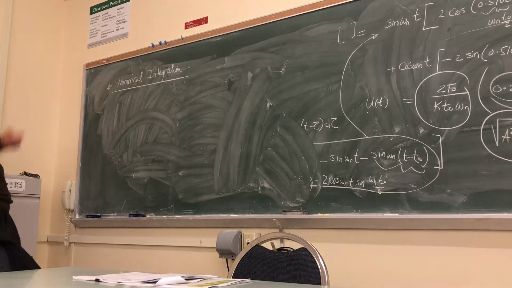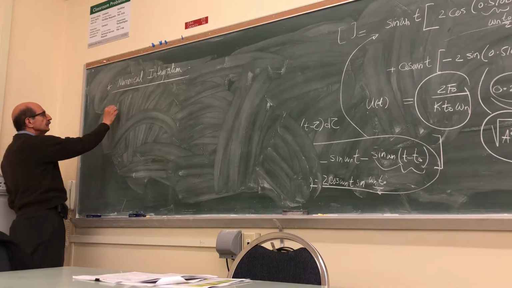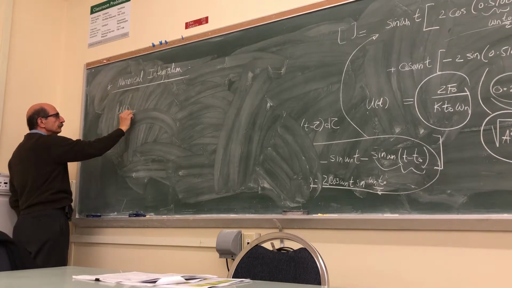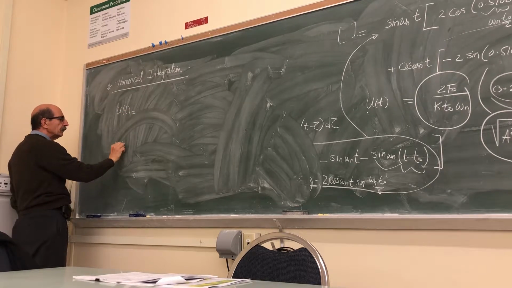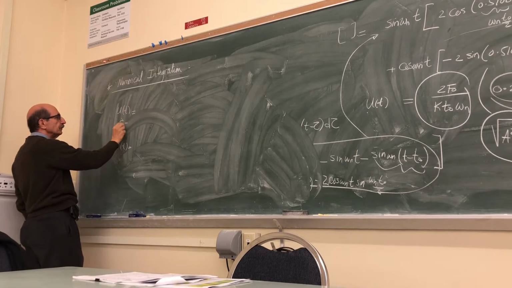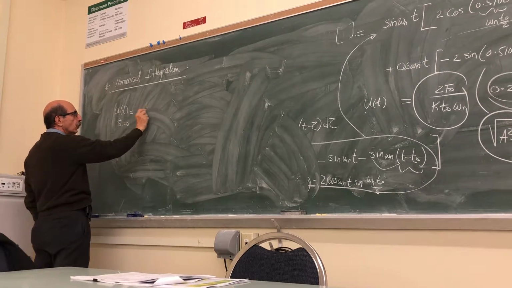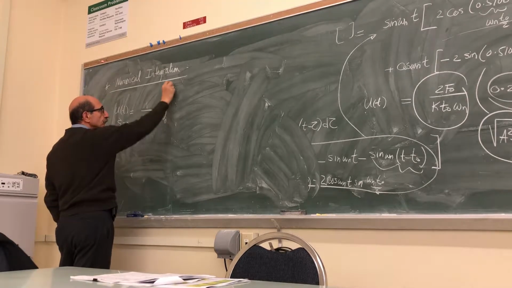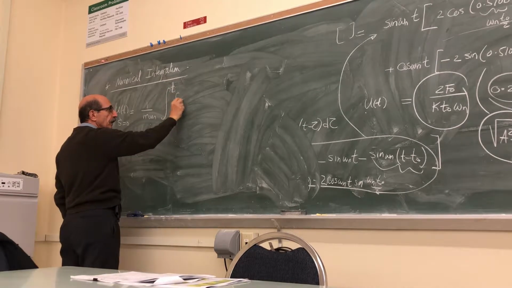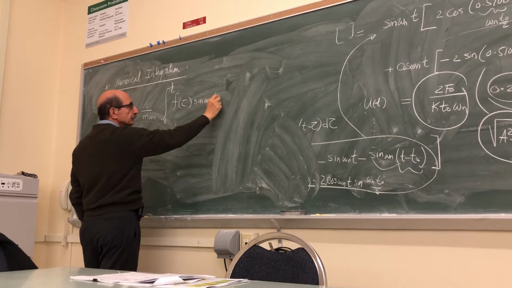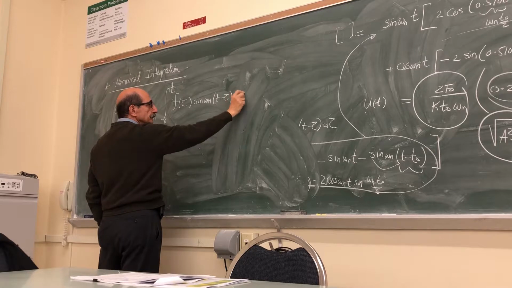What is numerical integration? If you look at the Duhamel integral, whether you consider the undamped case or damped case, for the undamped case it is 1 over m omega n, integral from 0 to t of f of tau sine omega n (t minus tau) d tau.